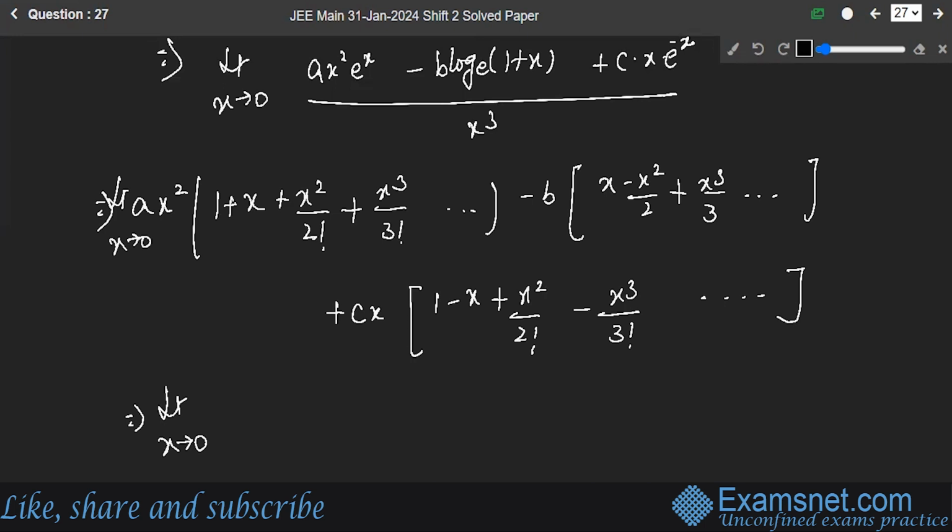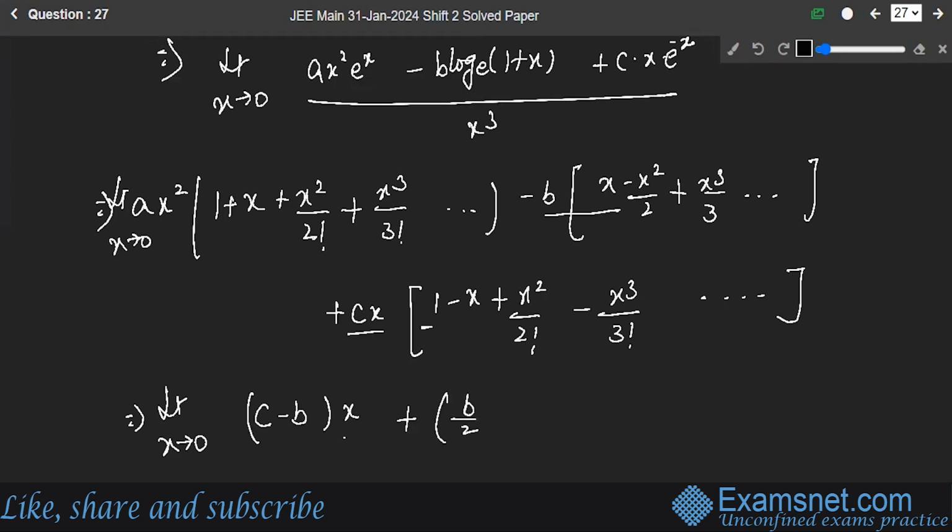This is a x square. So this will give me c minus b into x. See, this is c x into 1 and b x. So c minus b into x, I have taken x common from here. Similarly, I'm concatenating x square coefficients.